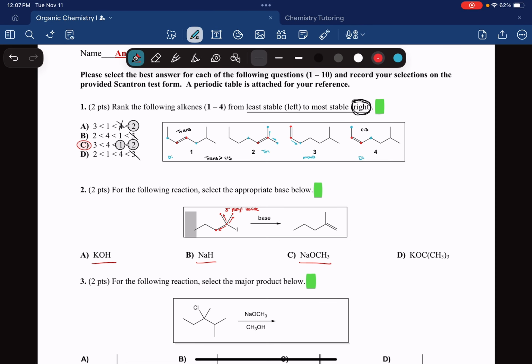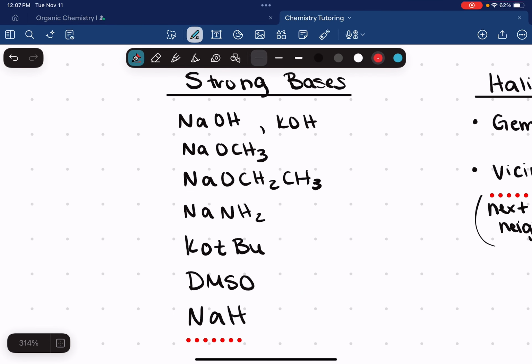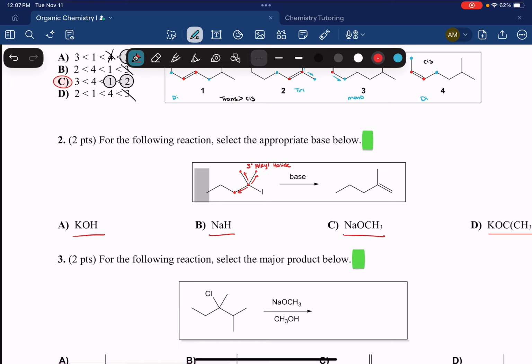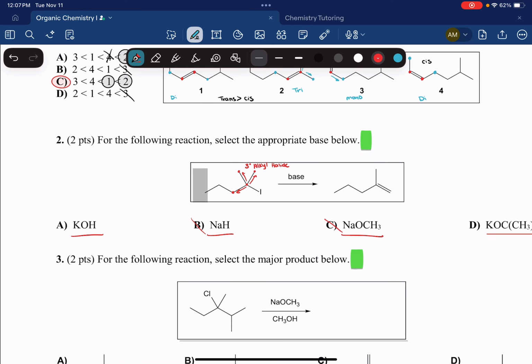Okay, if they're all strong bases, right? This one wasn't on our list. So that means these are all the same in the sense that they're strong bases. That makes it an E2 reaction.